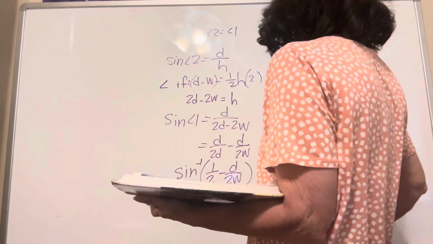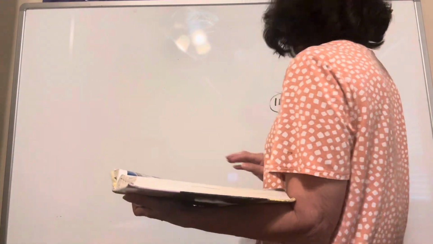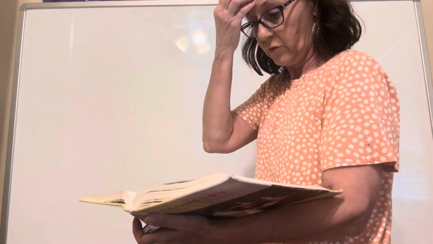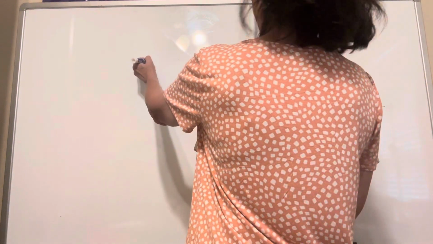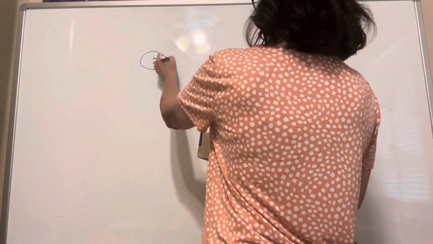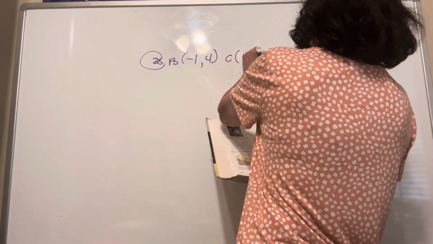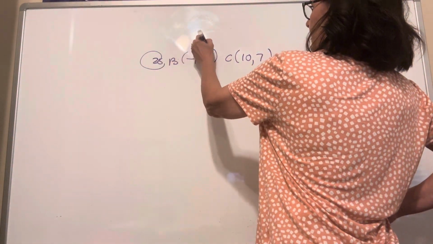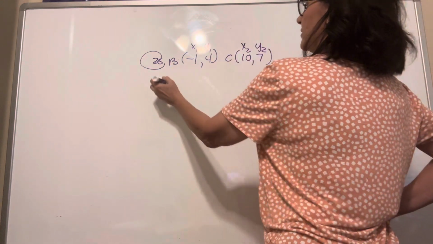Now, lesson 6, number 28, on page 465. Find the distance. We have B is (-1, 4) and C is (10, 7). You have to just use the distance formula. I'm going to label this X1, Y1 and this X2, Y2.